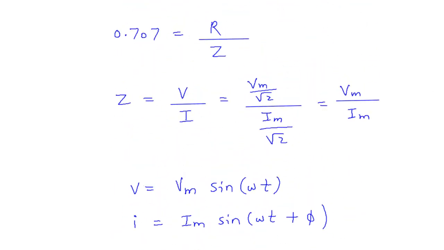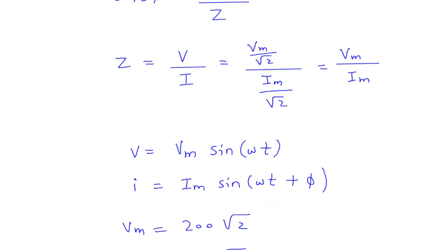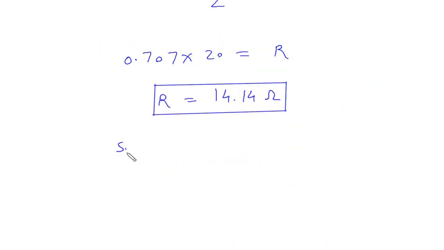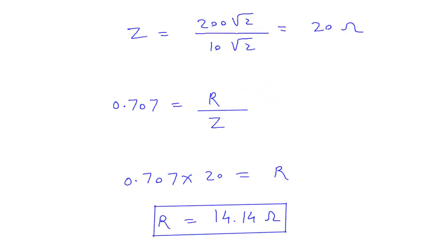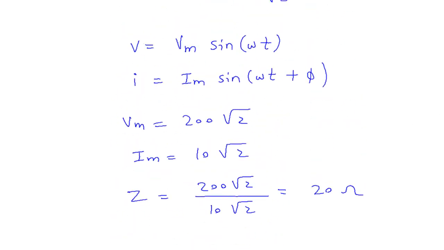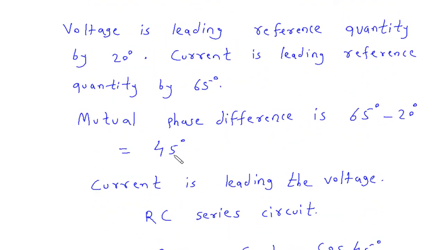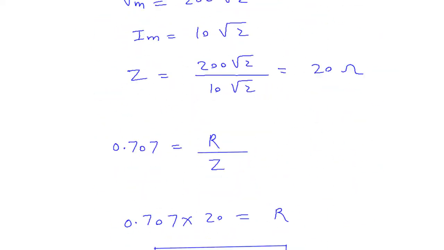Then next we have to find the value of Xc. So we can use this formula: sin phi is equal to Xc by Z. We have the value of Z, Z is 20 ohm, and we know the value of phi. The mutual phase difference between voltage and current is 45 degree.